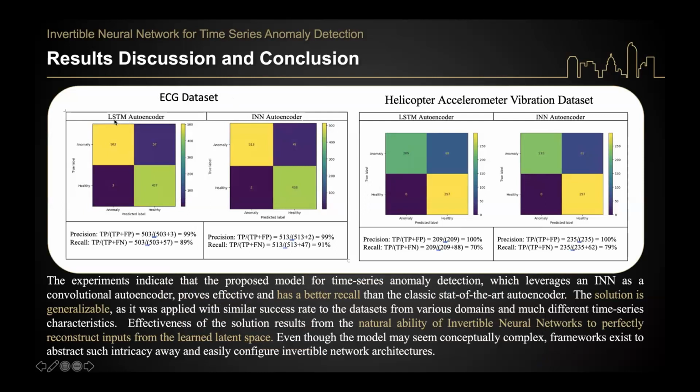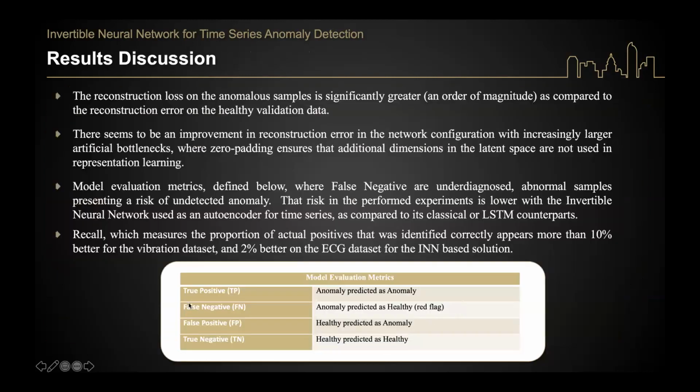If we compare this LSTM autoencoder architecture with the INN autoencoder for both data sets, we see that the recall, the last line here, is significantly better as compared to the classic approach, 70% versus 79%. This is where the false negative piece takes part.